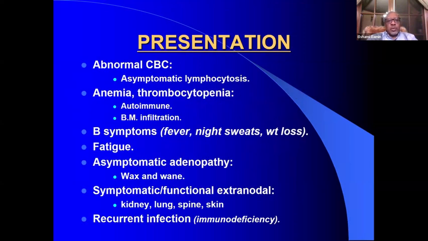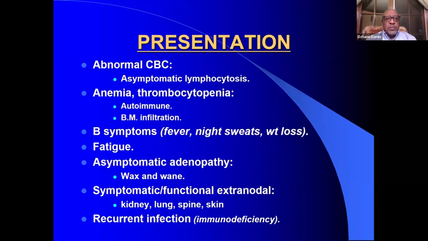So CLL or SLL typically presents with an abnormal CBC with lymphocytosis. Most of the patients present with asymptomatic lymphocytosis. And remember, CLL or SLL is the most common leukemia in adults. We see a lot of patients with CLL, and actually it's underdiagnosed.